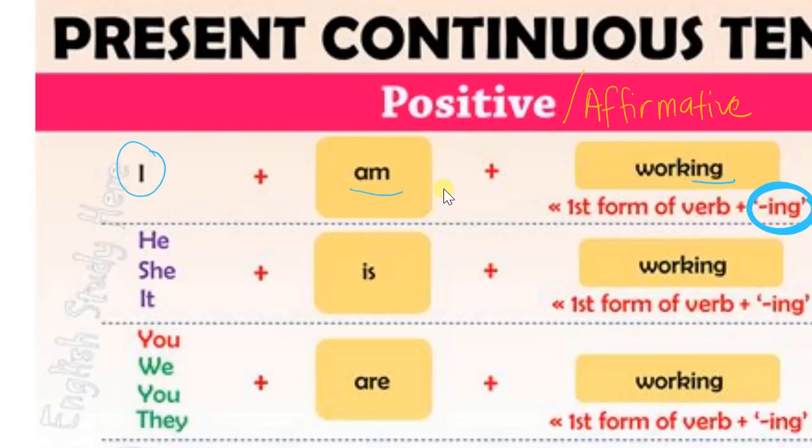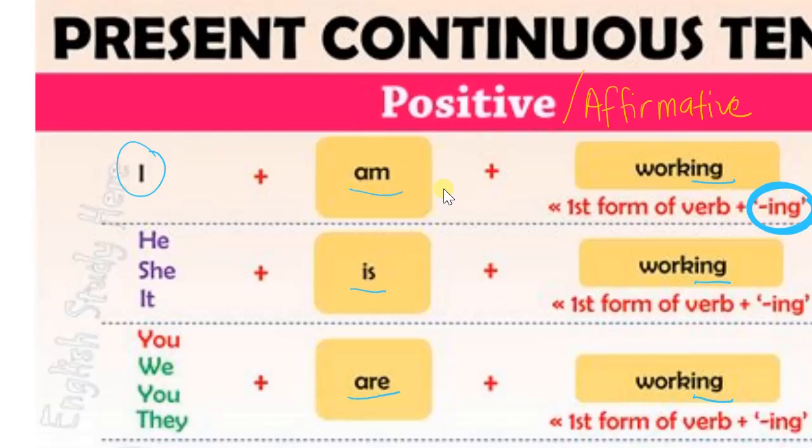If the pronoun is he, she, it, the be verb is going to be is, followed by the verb ing, the same as the first one. And if the pronoun is the plural pronoun, they, we, you, it will be followed by are, the be verb are, and verb ing.